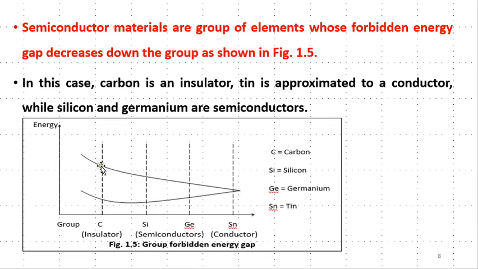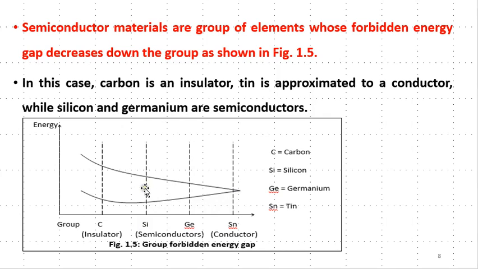So if you look at this, the energy gap in carbon is bigger than that of silicon, and that of silicon is bigger than that of germanium, and that of germanium is bigger than that of what? Tin. So we can say carbon has the highest, tin has the lowest, and silicon and germanium have the intermediate.